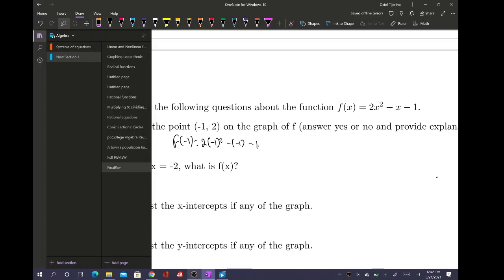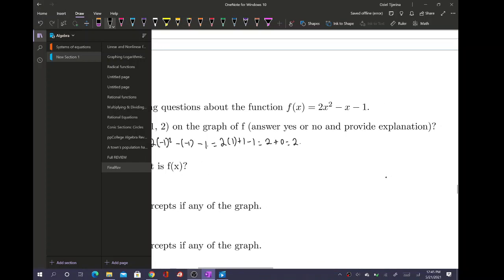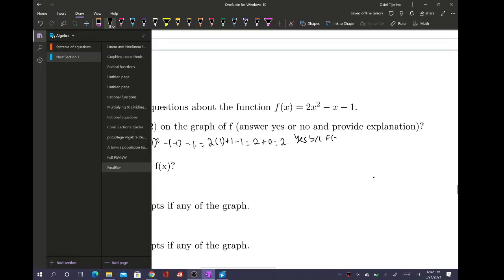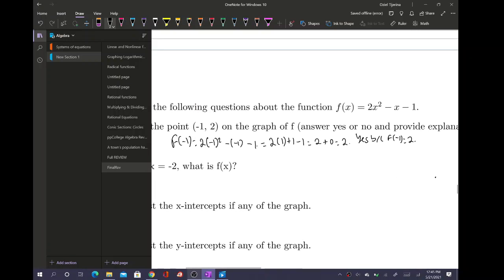Then this is equal to 2 times 1 plus 1 minus 1, which is 2 plus 0, which is 2. So yes, because f of negative 1 equals 2.